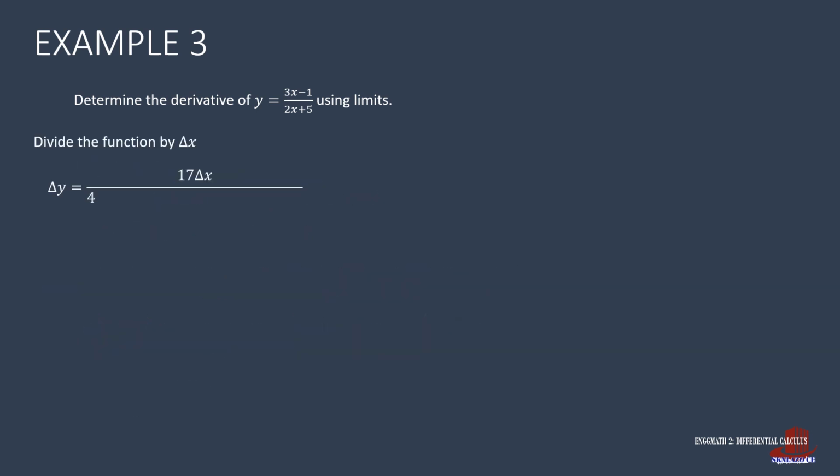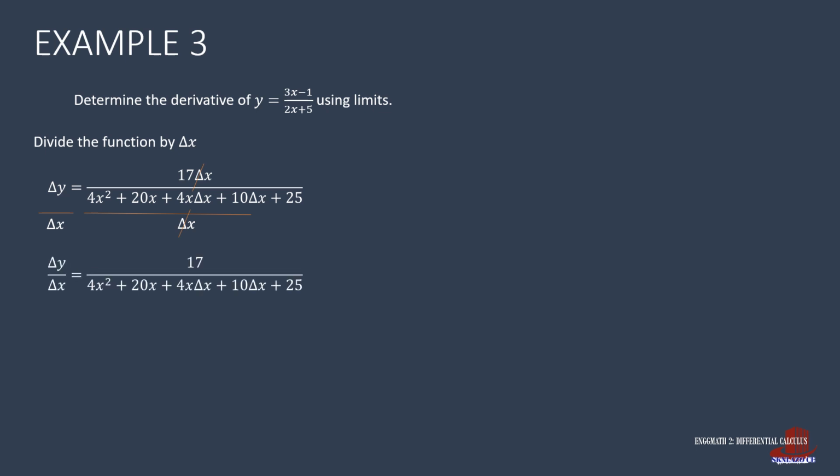Step 3 is to divide everything by delta x, which cancels out the delta x on the numerator, giving delta y over delta x is equal to 17 over 4x squared plus 20x plus 4x delta x plus 10 delta x plus 25.